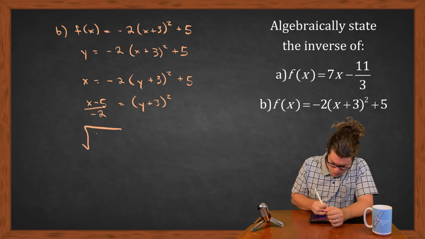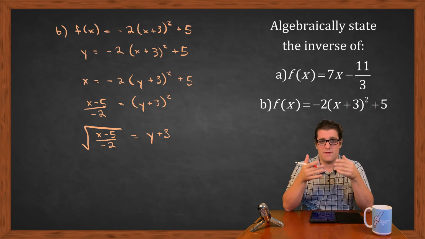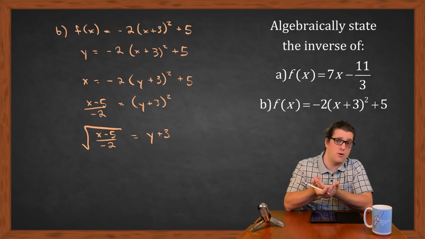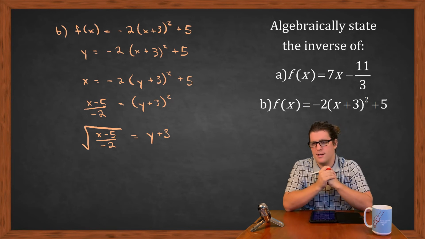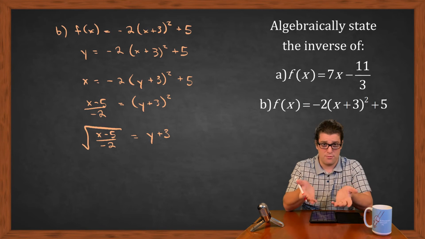However, when I do that, because of what the square root symbol represents, I am going to get the principal root of the stuff that's underneath of it, which means it only kicks out the positive value. So if you have a square root of 9, for instance, that's 3.